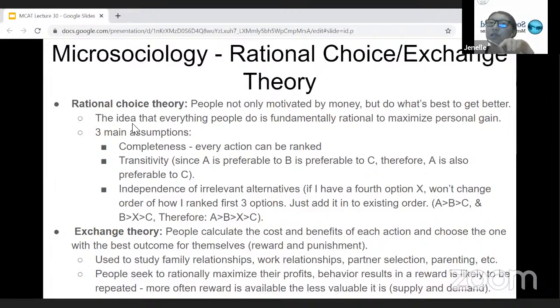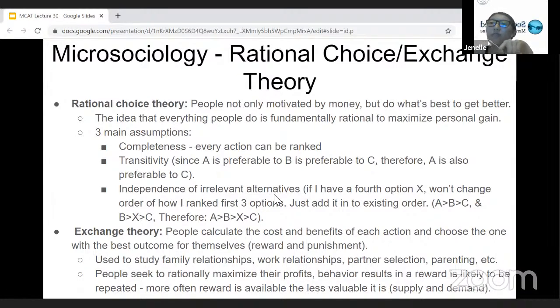The three main assumptions for this theory are, first, completeness, which means that every action can be ranked, and so you can find the value of it. Also transitivity: since A is preferable to B and B is preferable to C, you may remember this from geometry, therefore A would be preferable to C. And then there is independence of irrelevant alternatives.